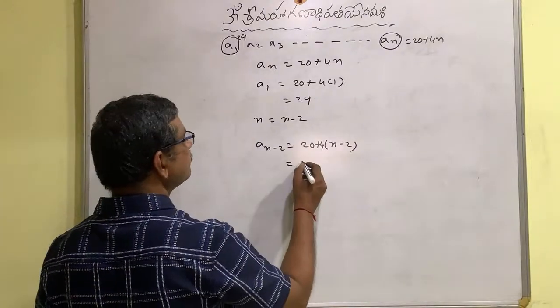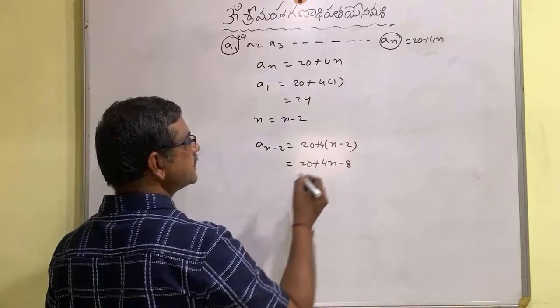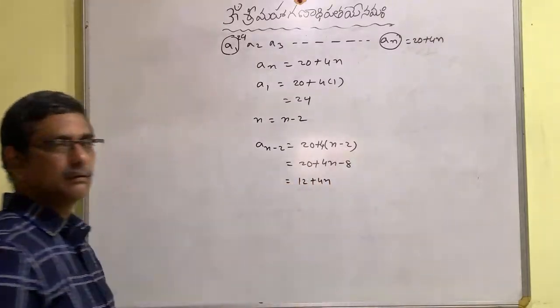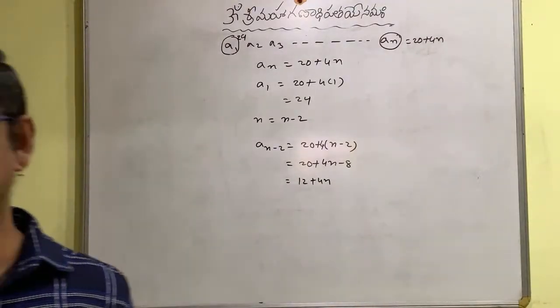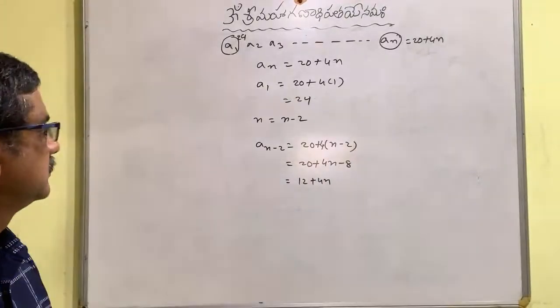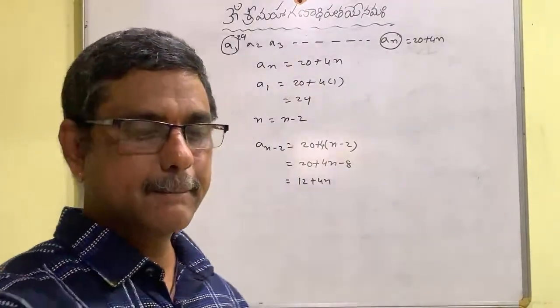Simplify this: 20 plus 4n minus 8, which is 12 plus 4n. So the number in the (n minus 2)th spot is 12 plus 4n.